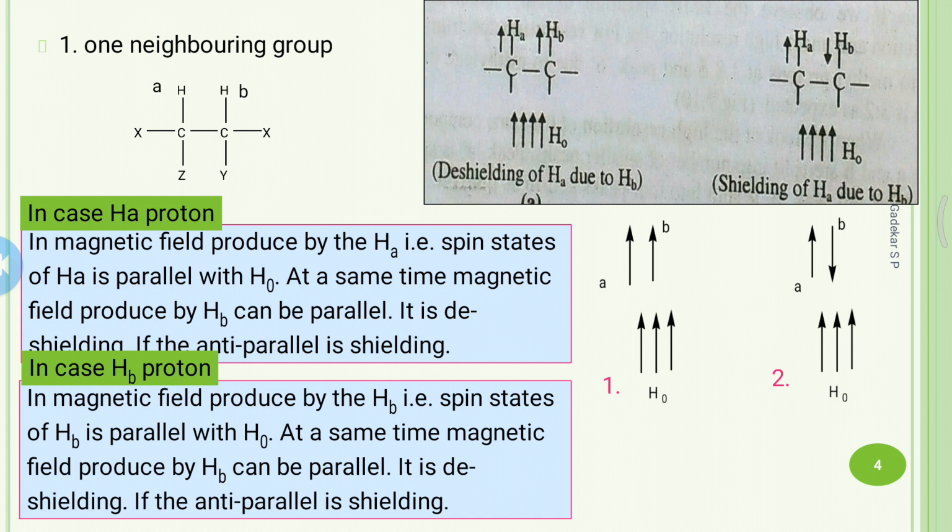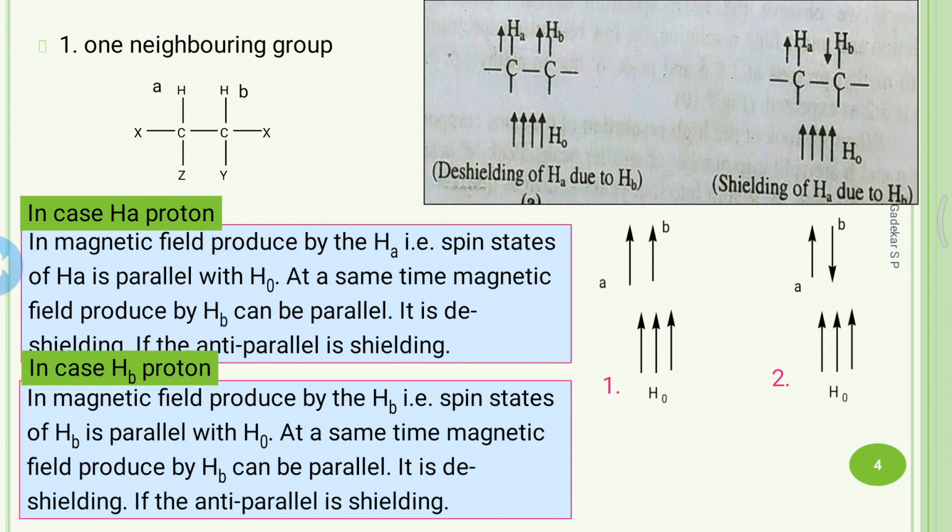In the second similar case, the B proton interacts with A in the magnetic field produced by HB.